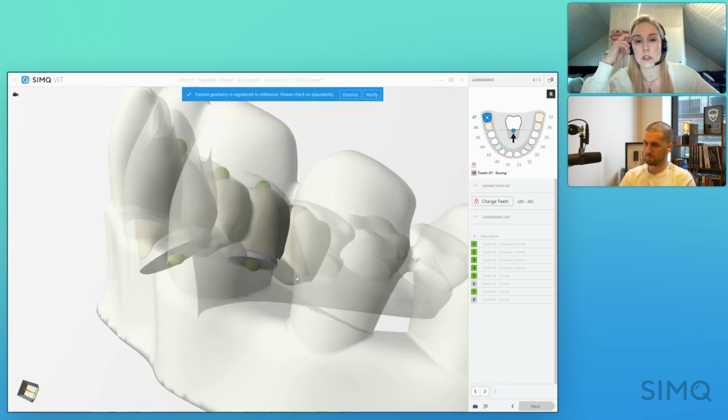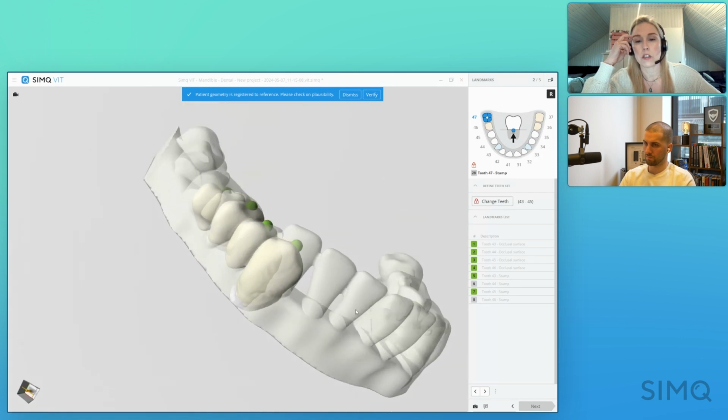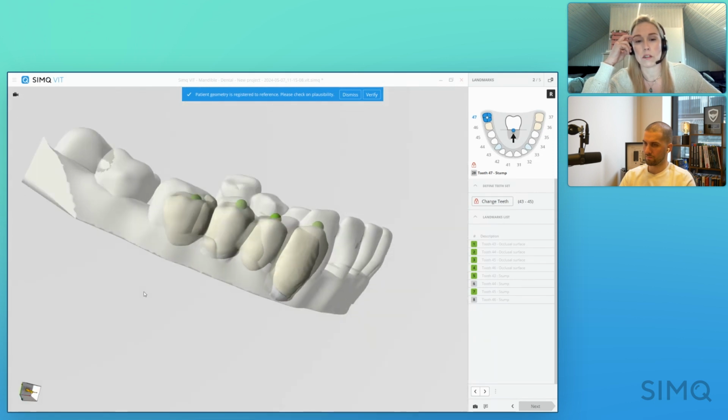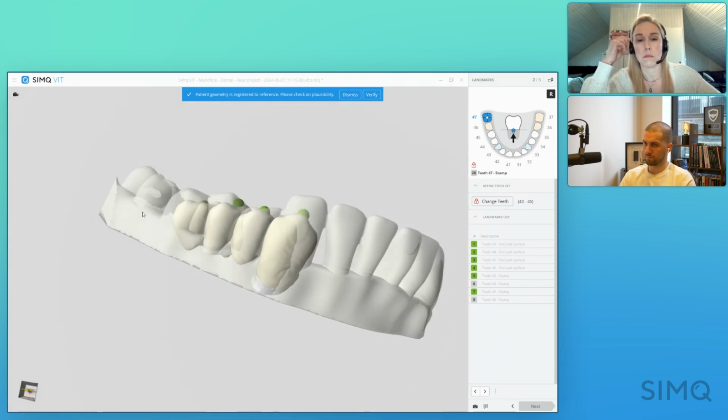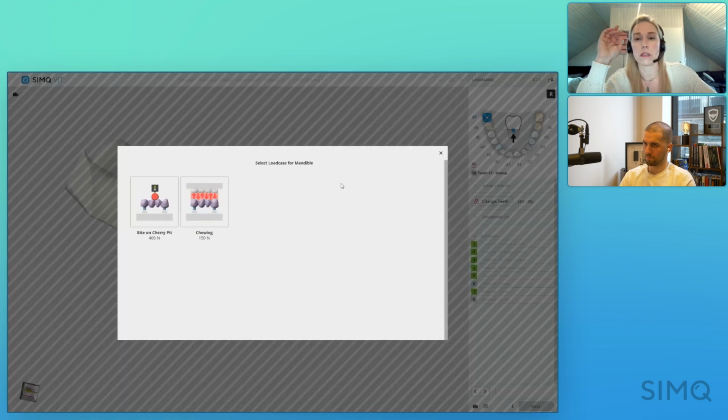So you would click register, and for this workflow, it registers to a known patient reference model. So you see the mandible here and the patient-specific teeth, and they have this reference model. So you can verify it's in good shape and overlapped well, so it's plausible, and we click verify.